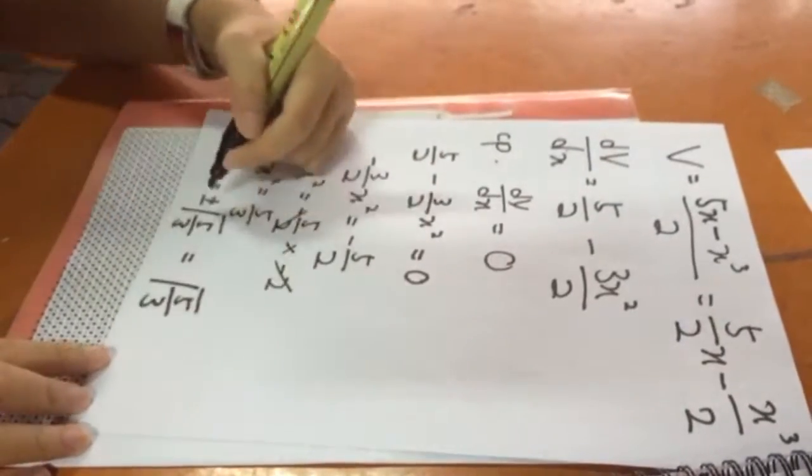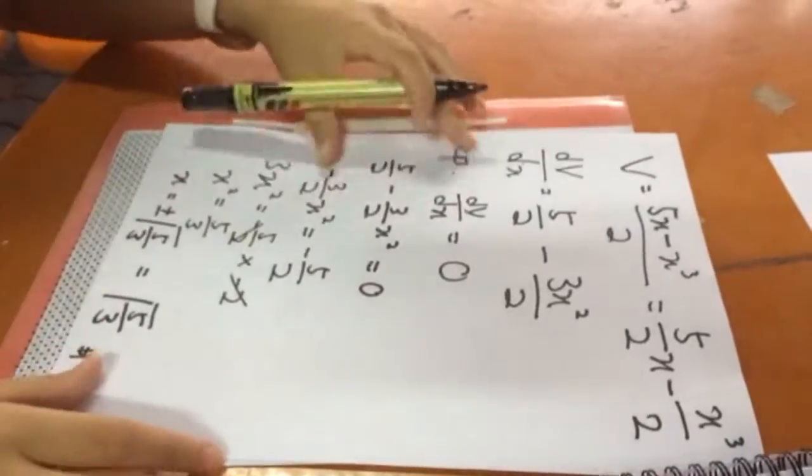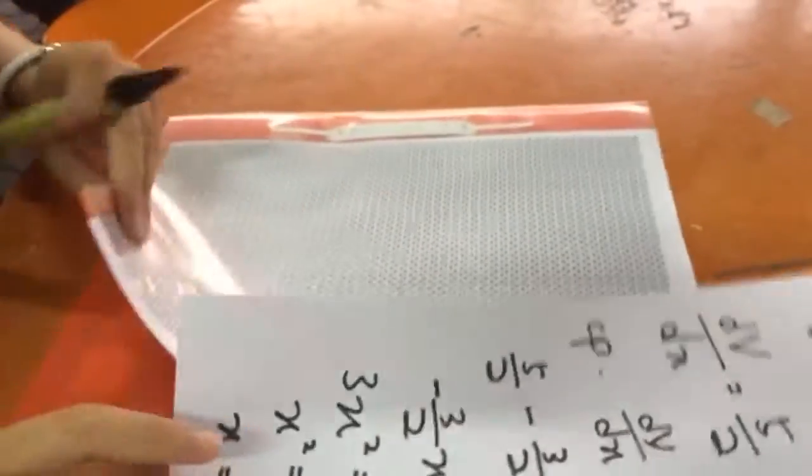So this is the critical point, but now we need to prove that this critical point is the maximum point, so we need to show the second derivative.